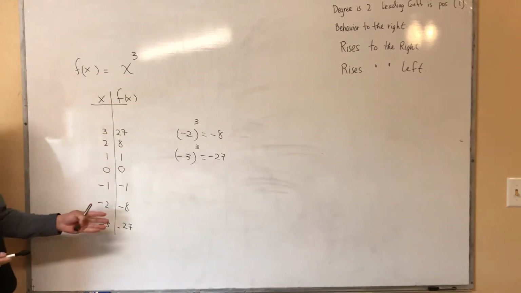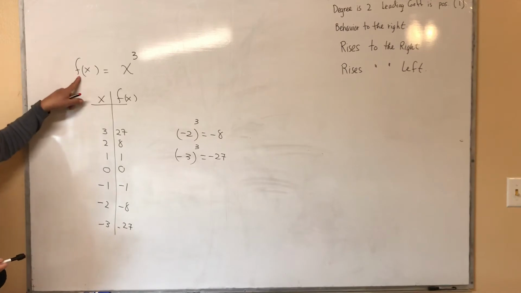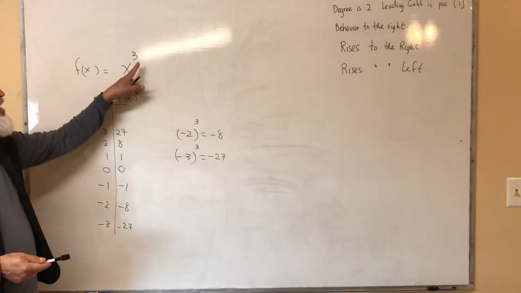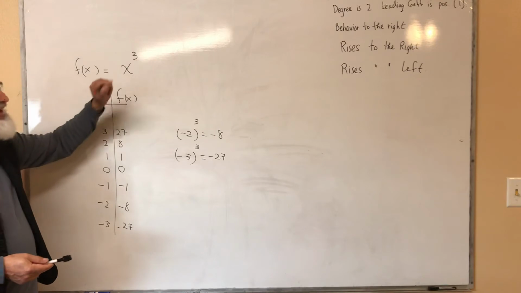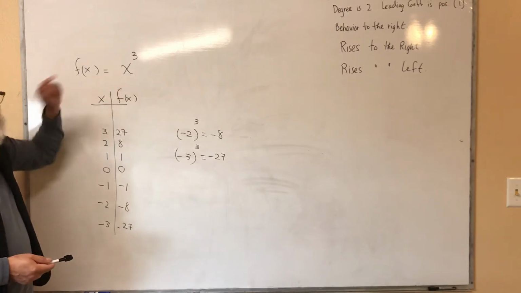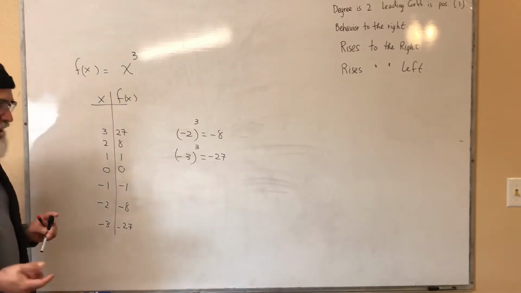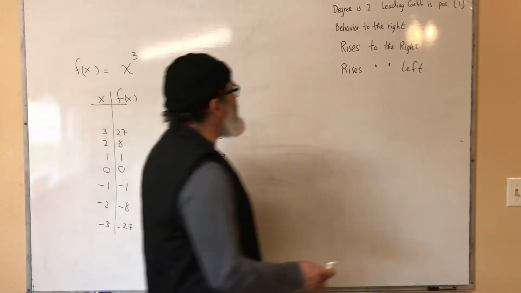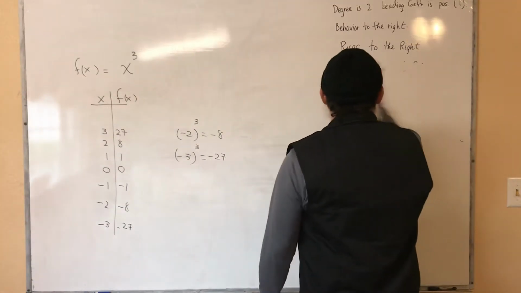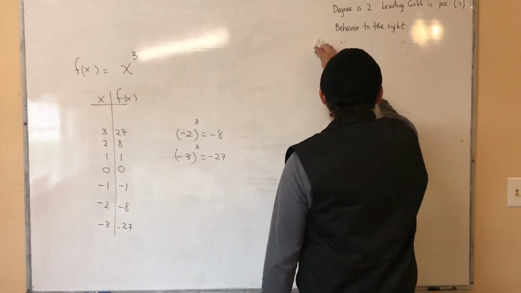This is a table for this function, which is of degree odd, leading coefficient positive. We're going to look at the end behavior, okay?